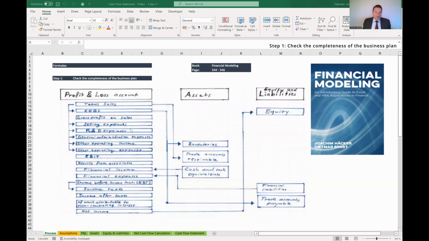Let's get started. Step number 1, check the completeness of the business plan. Use the book Financial Modeling from Joachim Hecker and Dietmar Ernst. We're using pages 544 to 546. We make sure that we connect our expenses to the total sales. We calculated the EBIT.